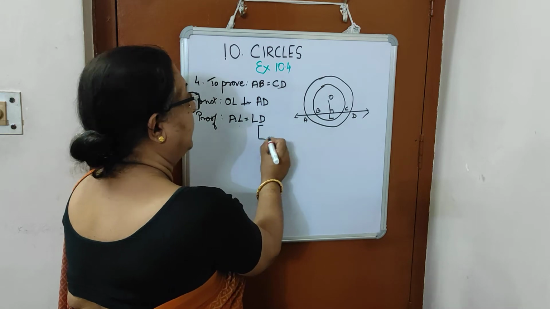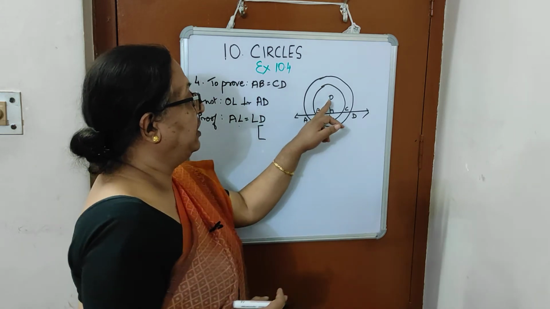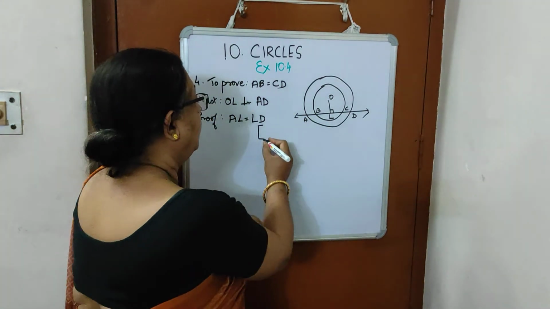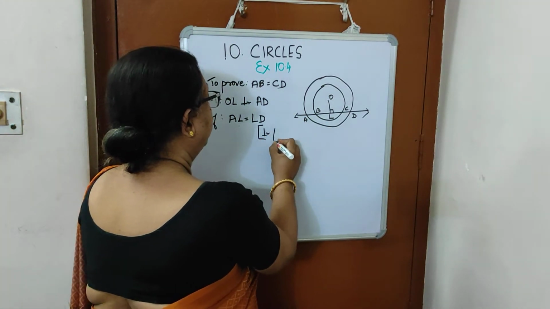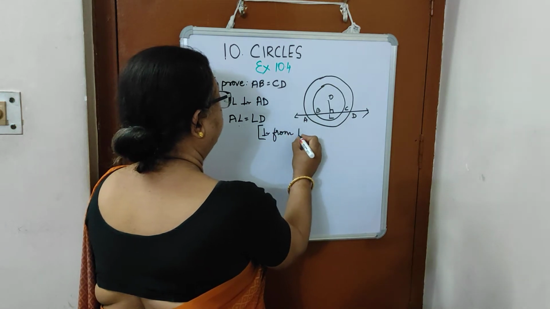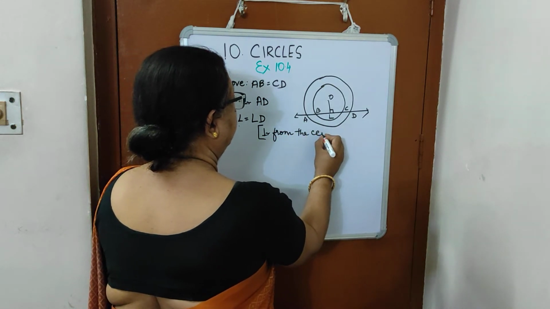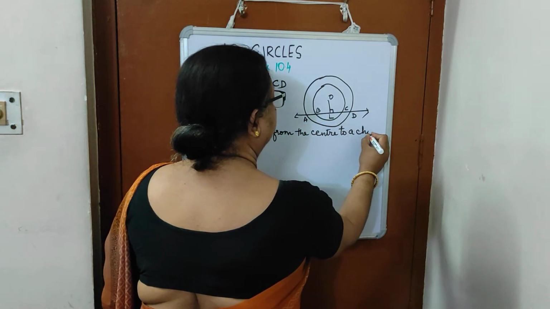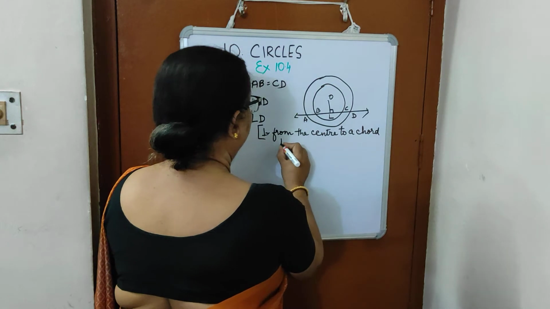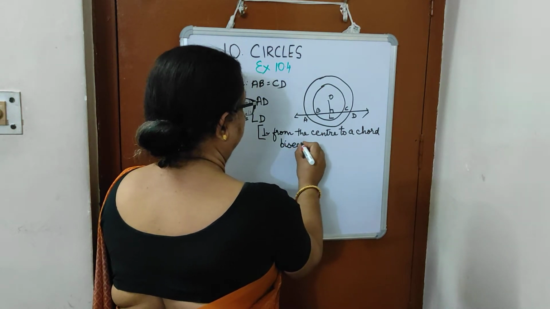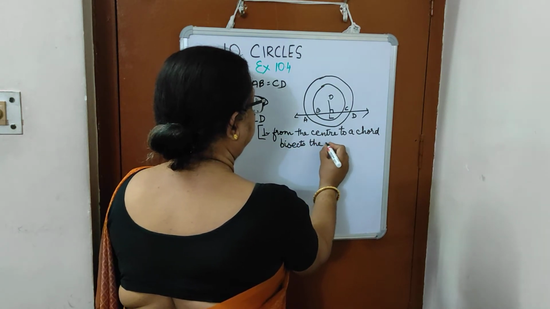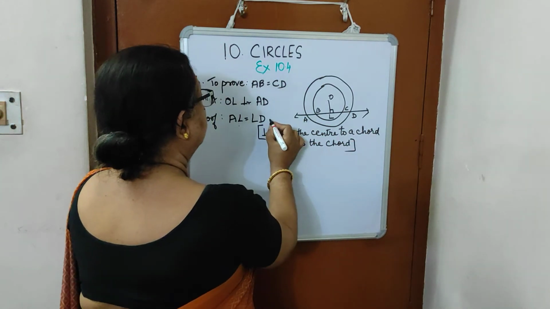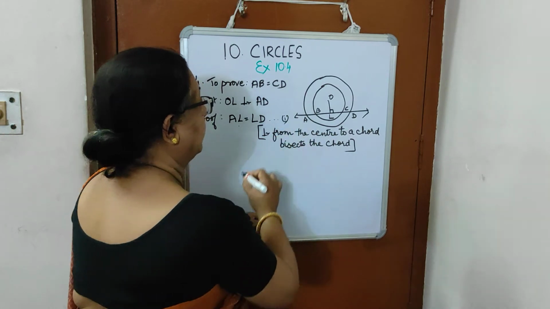Why? Just now I said perpendicular from the center to a chord bisects the chord. Now you need to write the full, children. Perpendicular from the center to a chord bisects the chord. So let this be equation number 1.